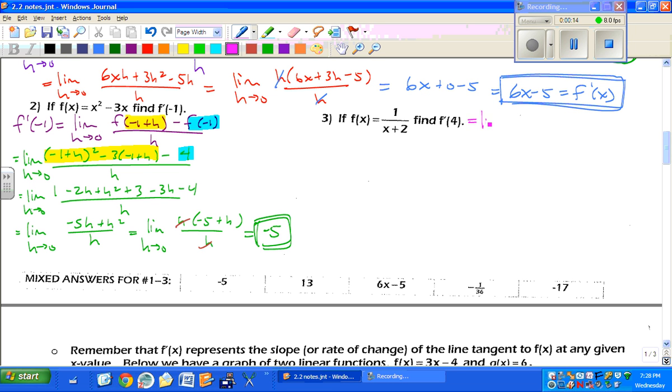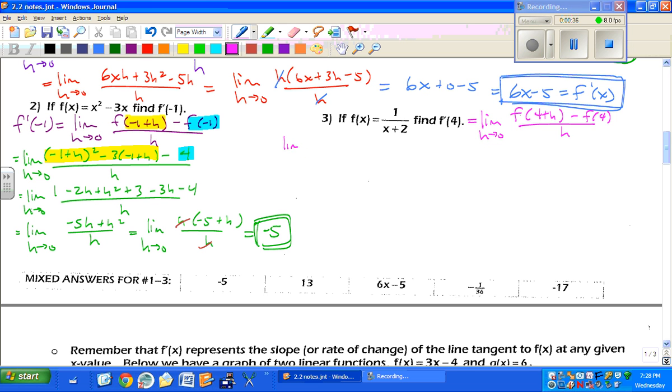So that's going to be the limit as h approaches 0 of f of 4 plus h minus f of 4, all over h. So remember, 4 plus h is inside the parentheses here, so function notation dictates that we'll take that and plug it in for x.